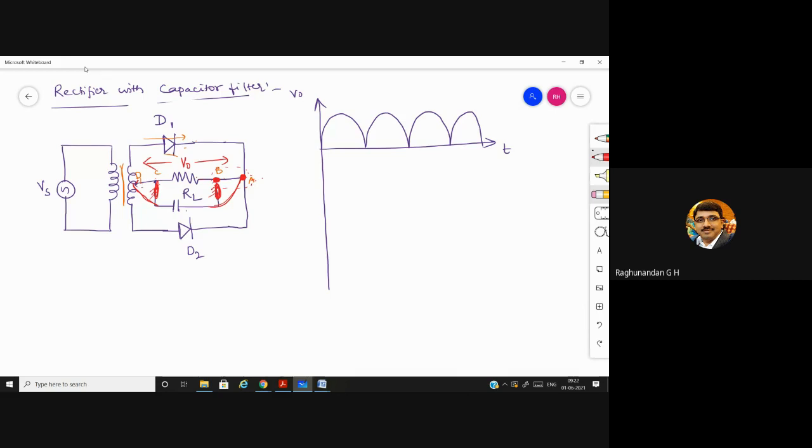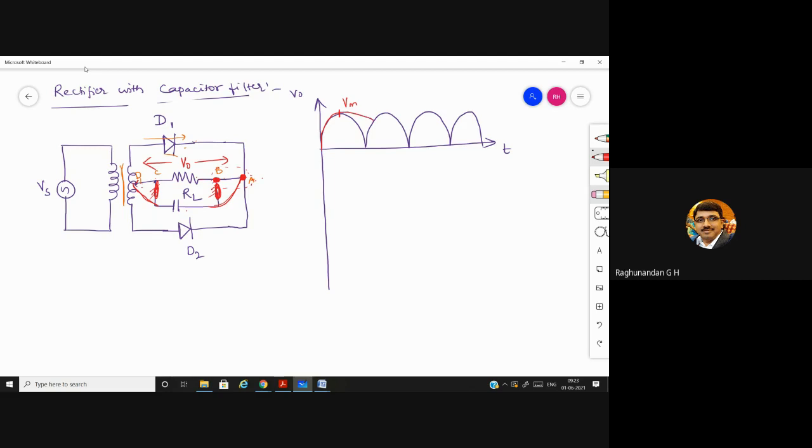So now the capacitor is going to slowly follow the line. Whatever you have already got, these blue color waves, this is the output of V naught. Now the same voltage is being utilized to charge the capacitor, and at this particular point the capacitor will be charging to the peak value. Once it charges to the peak value, it starts discharging.